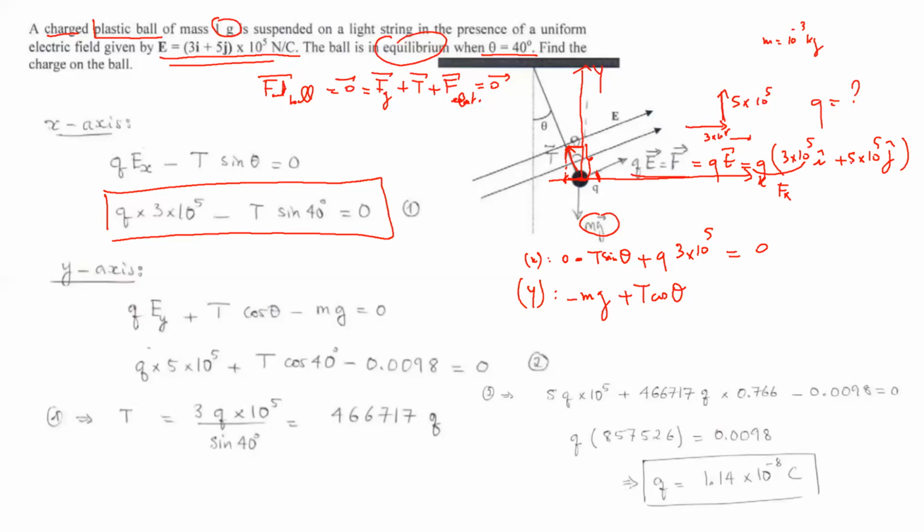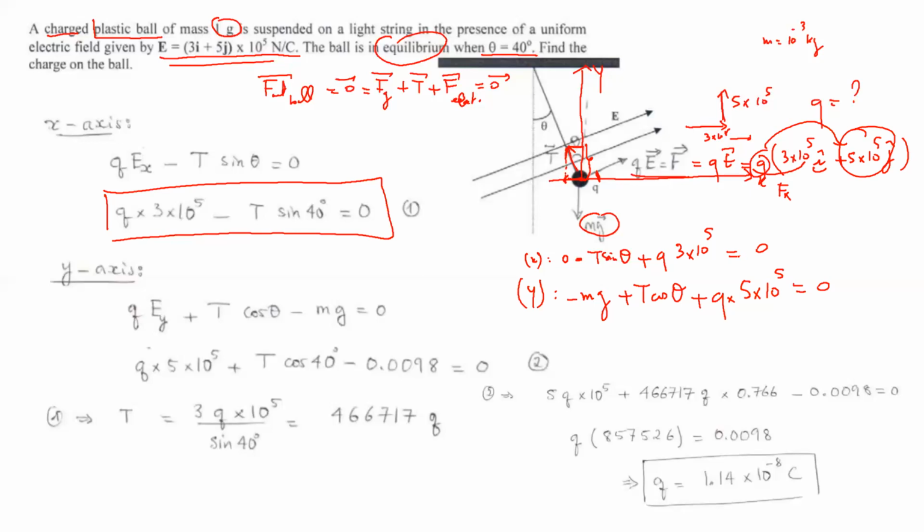It will be plus Q times 5 times 10 to the power 5, and this should give me 0. Remember, Q multiplied by the x-component of E gives the component of the electric force along X, and Q multiplied by the y-component gives the component along Y.